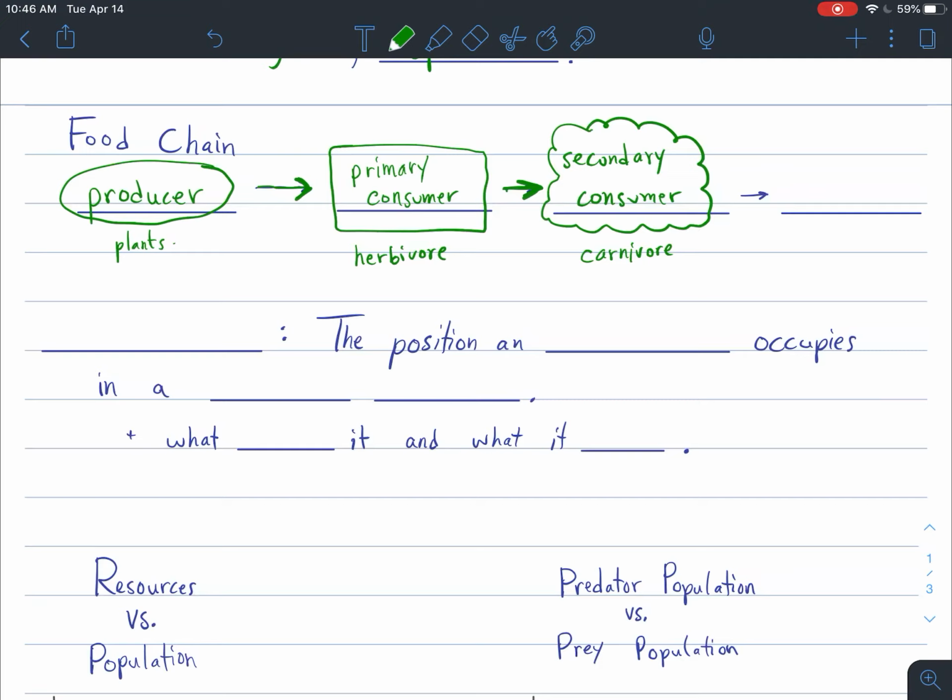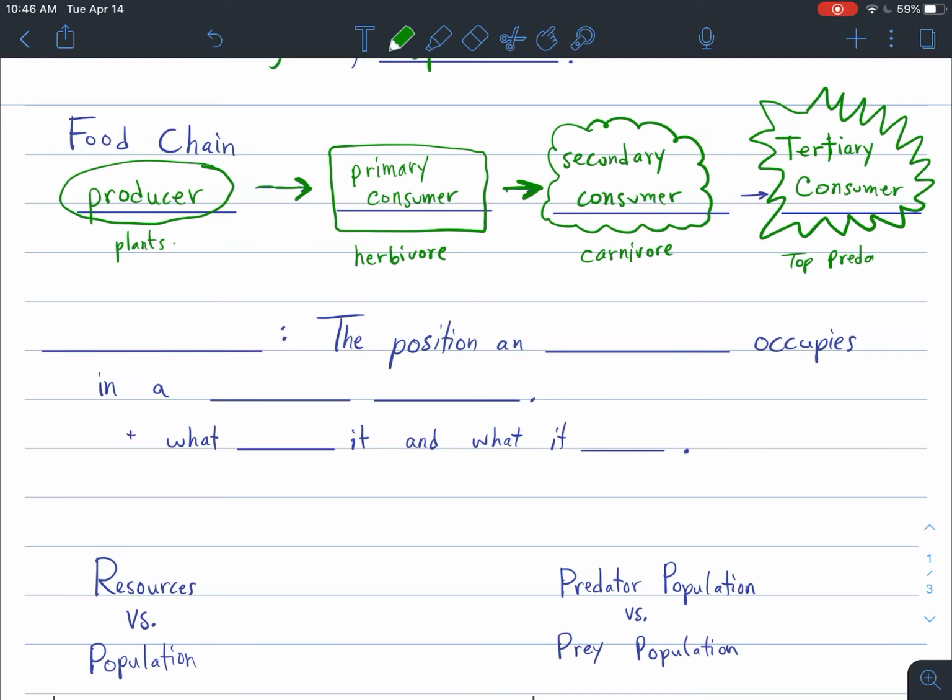And tertiary means third, so a tertiary is our next level. Tertiary. I'm actually spelling that wrong. Tertiary. There we go. The tertiary consumer is the third level of consumer here. You could have even more consumers than this, but whenever we end our food chain, this is what we would call the top predator.